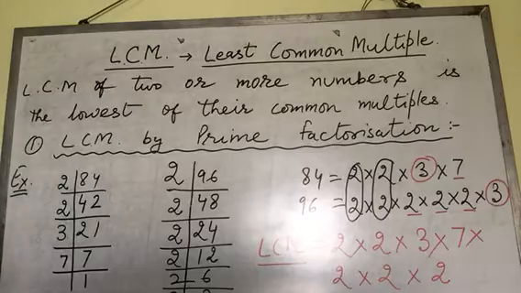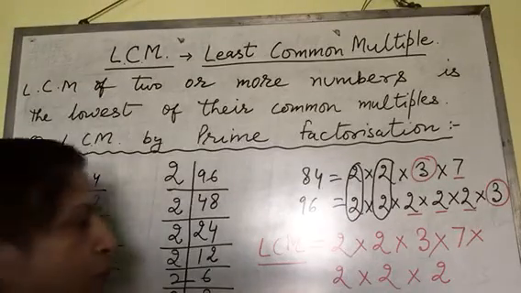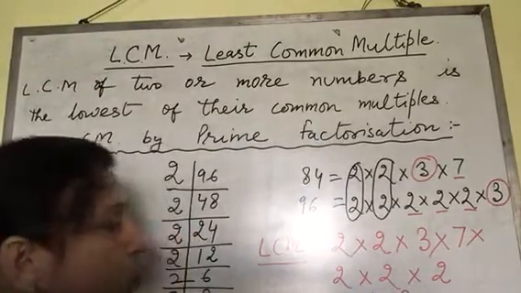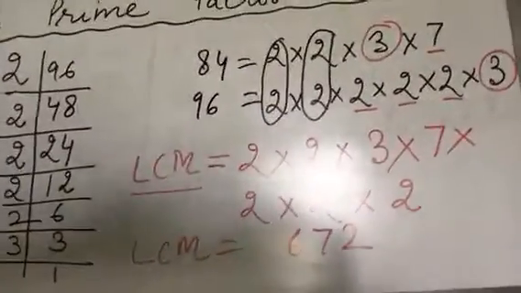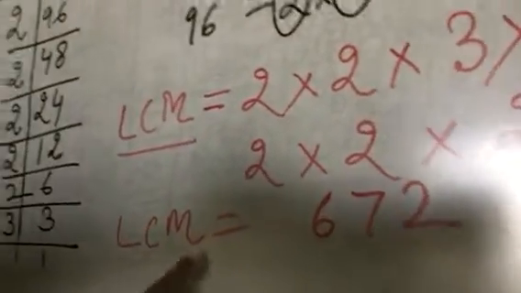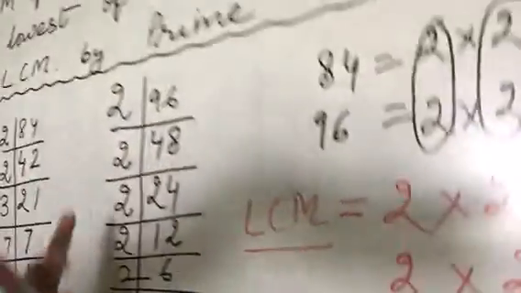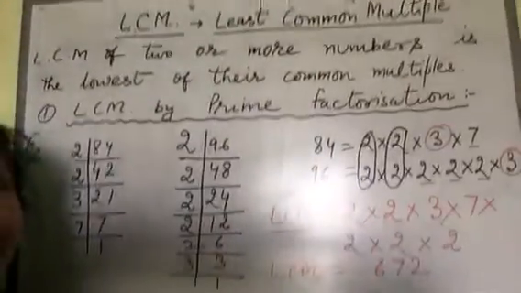Multiply these numbers. आप इन सबको multiply करेंगे. Then the answer is 672. 672 will be the LCM of the given numbers. 672 is the LCM of these two numbers. Which numbers? 84 and 96.